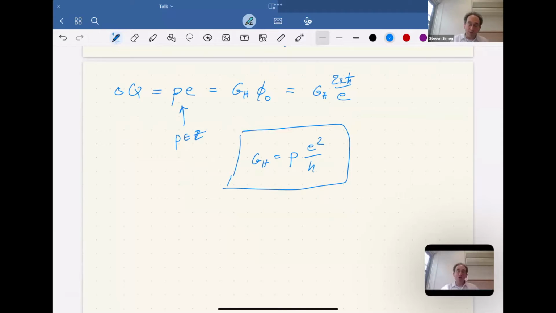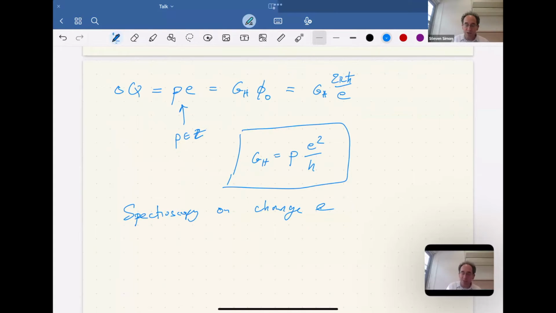Okay? So what you're really doing is some sort of spectroscopy on the charge of the electron, charge e. In other words, in this procedure, you can transfer one electron from the inside to the outside, or two electrons, or three electrons, but it's quantized in units of the electron charge.